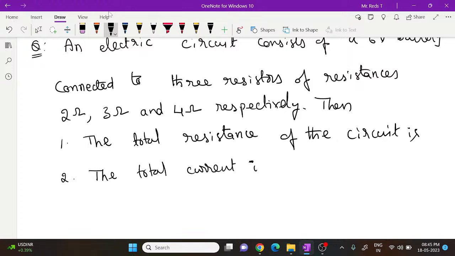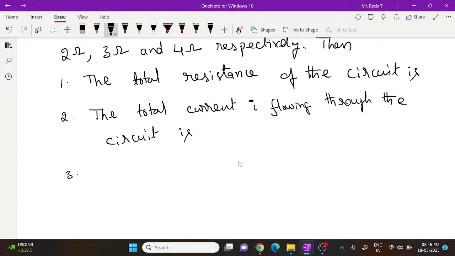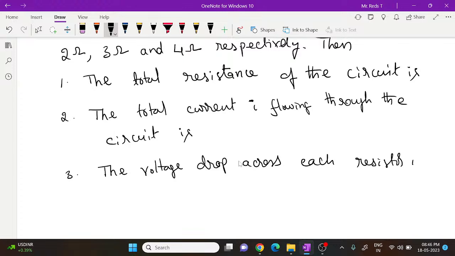And the third part of this case study question is, the voltage drop across each resistor is.